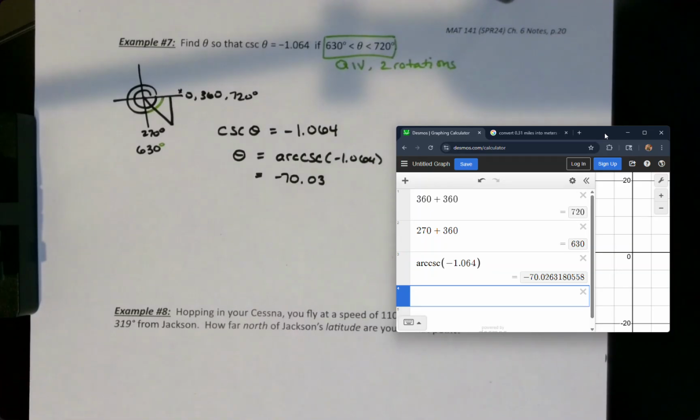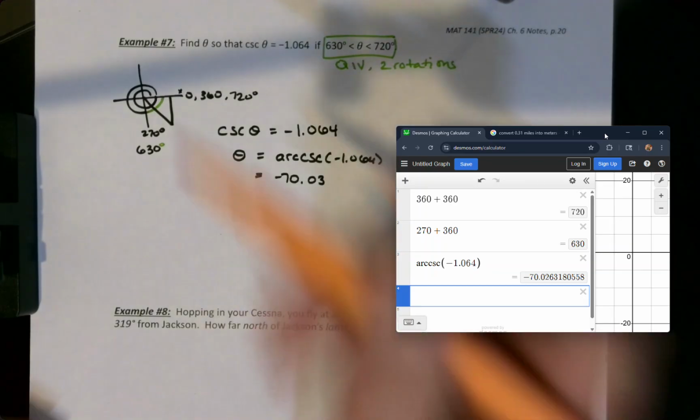Typically I keep one place, but we'll just keep an extra one because it's a little bitty number there. That is the angle that is measured as backwards.